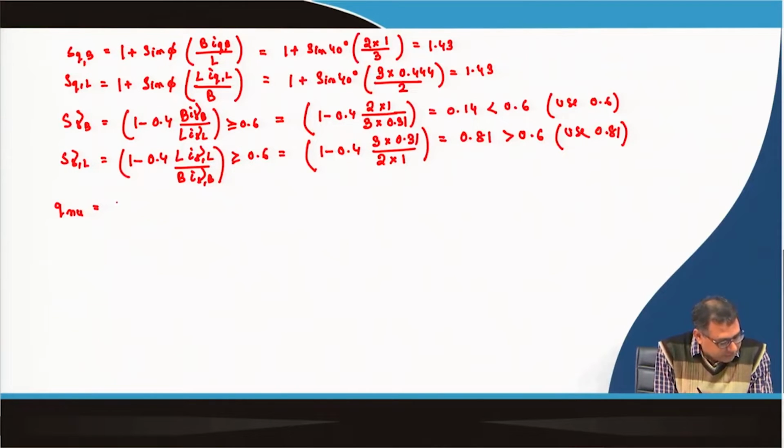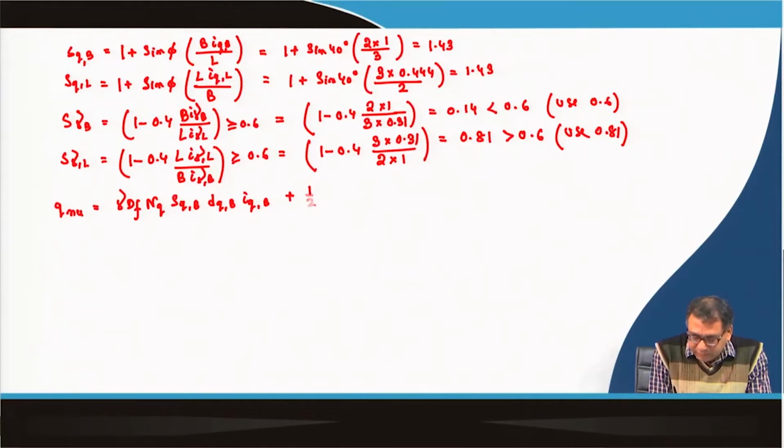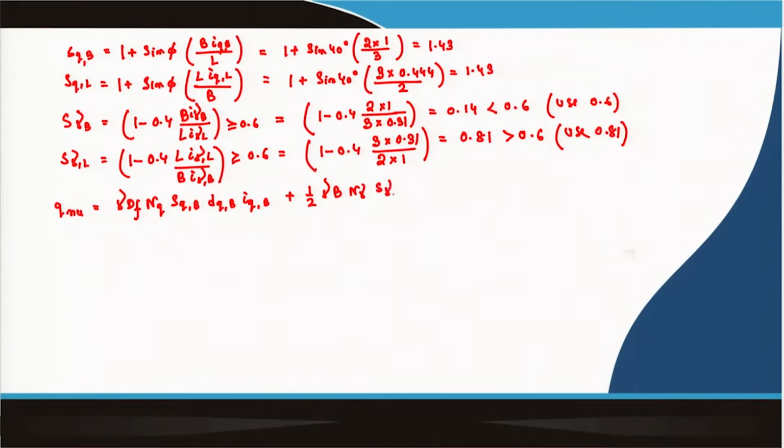This equation will be: the C part, first part is 0, then gamma Df N_q, then S_qB, D_qB, I_qB, plus half gamma B N gamma S gamma B d gamma B I gamma B. Again, in all the cases I am mentioning that if there is a compressibility effect, you have to incorporate a compressibility factor, but the data is not given, that is why we are not incorporating that.